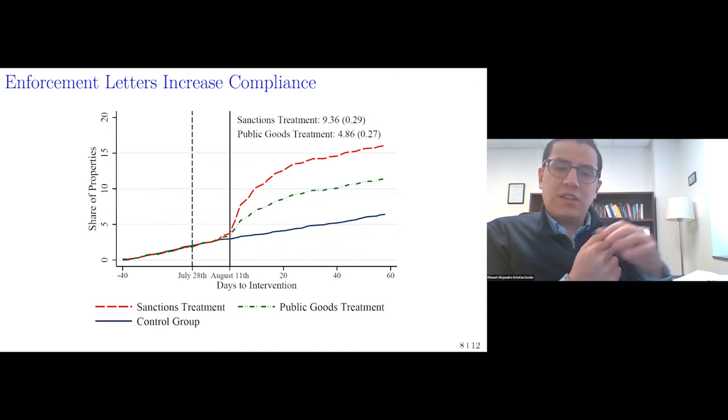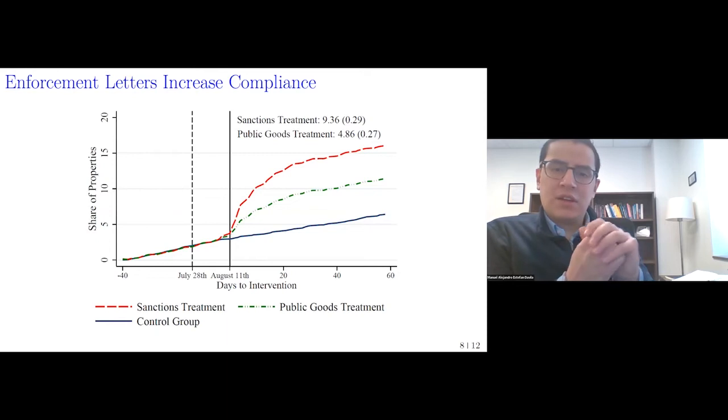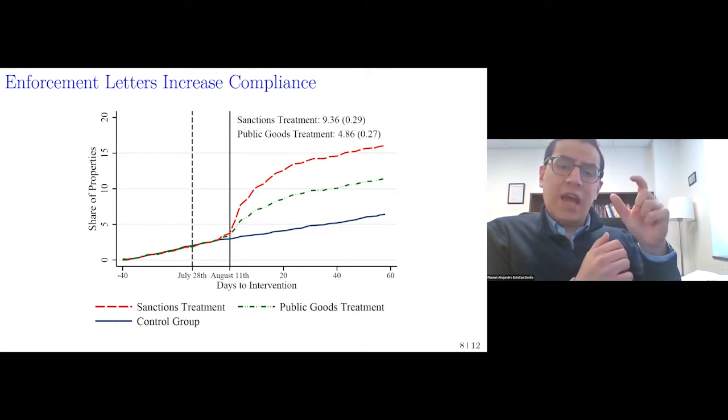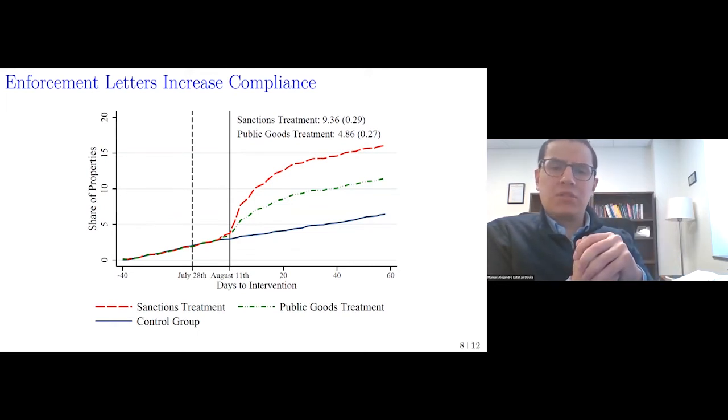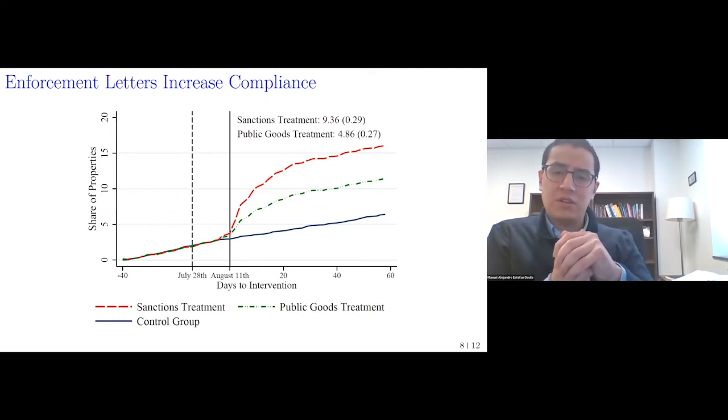And what you'll see is that, indeed, the sanctions treatment raised payment for this group, and we quantified the size of this effect to be 9.36 percentage points, which means that 1 in 10 members of this group makes a payment toward her overdue balance after receiving the letter.